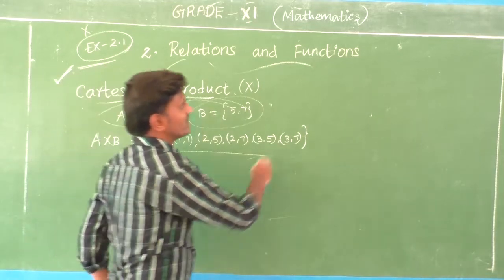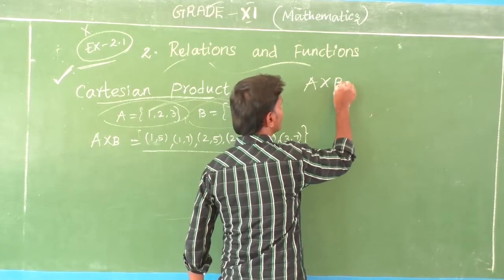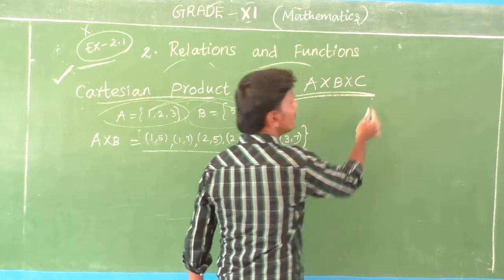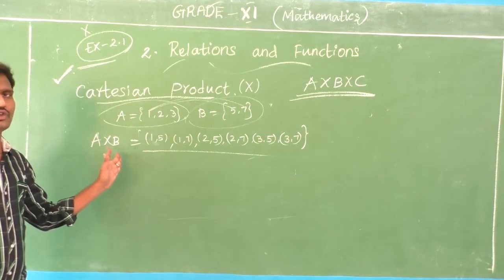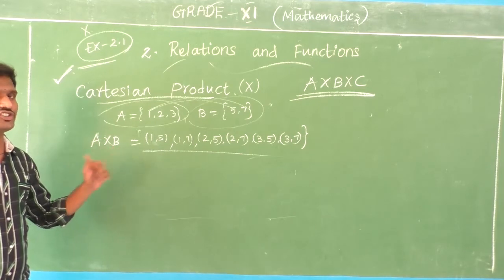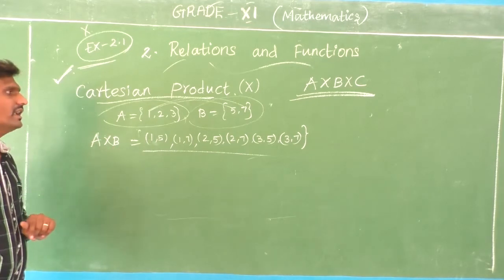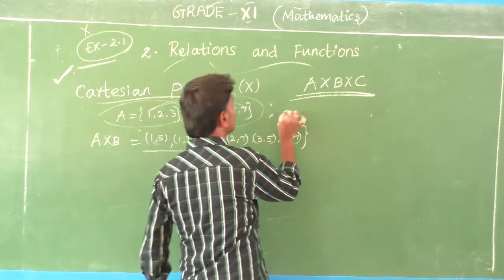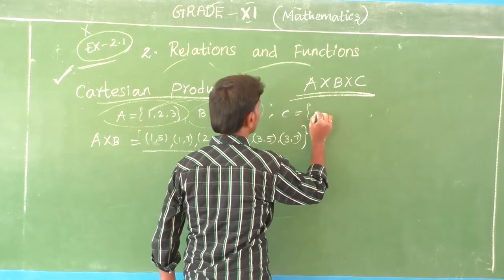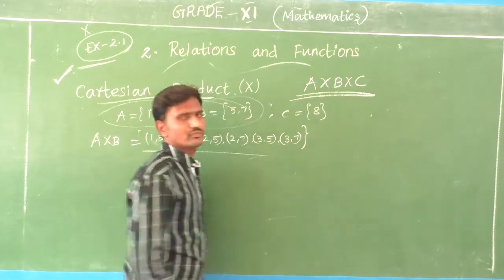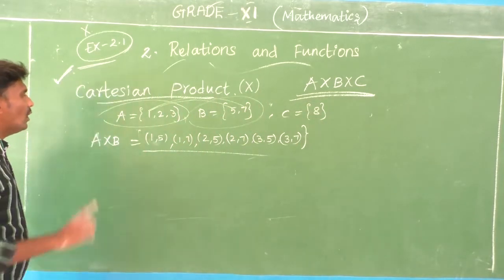So for the cross product A cross B cross C, when we take the Cartesian product of 3 sets, first we take the Cartesian product of A and B. Now suppose, for example, I give you C equals 8. How to find that?